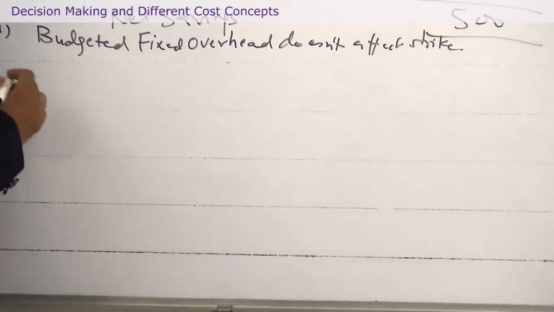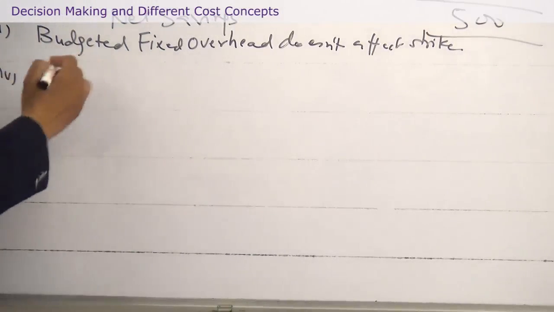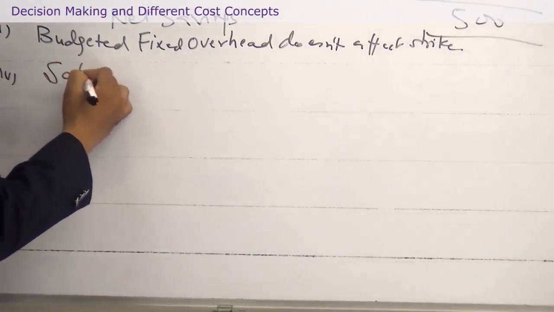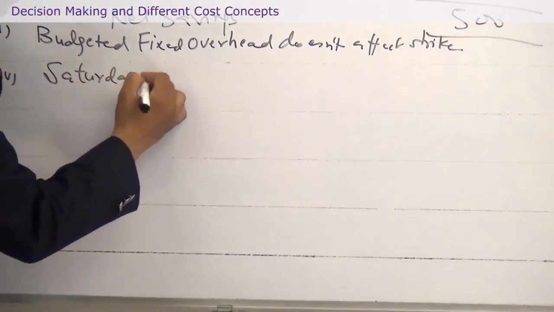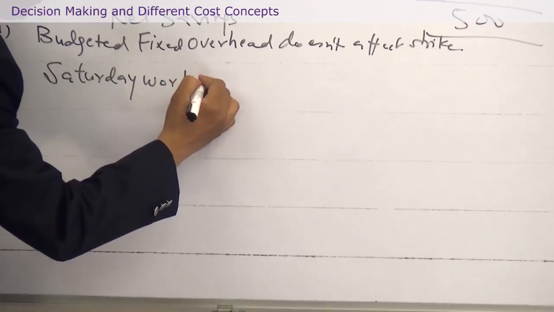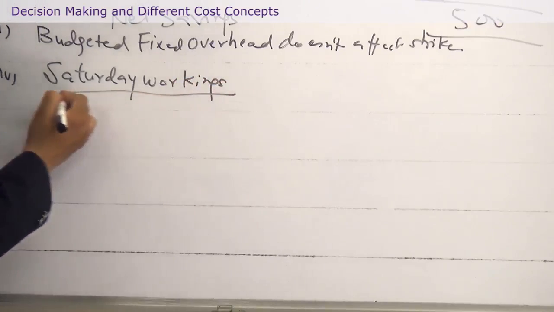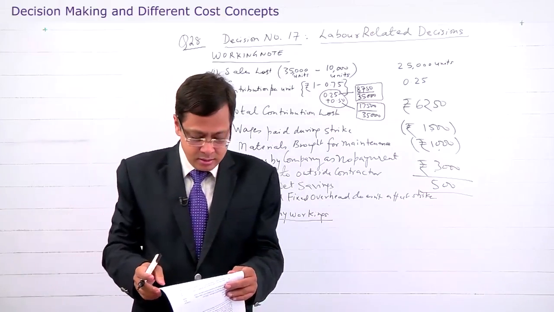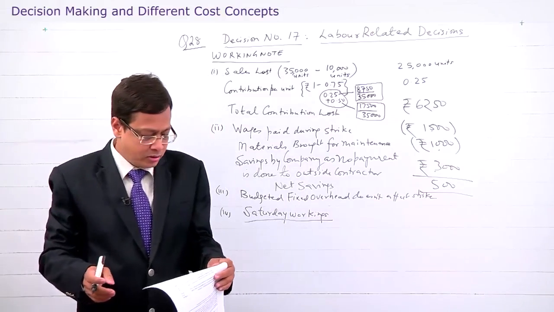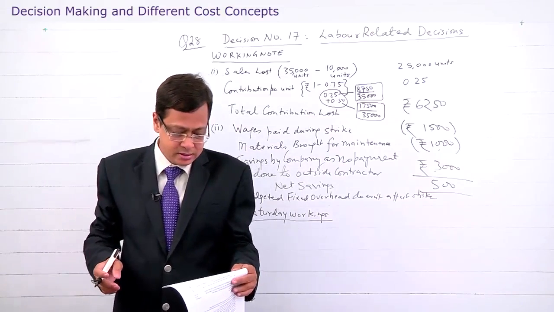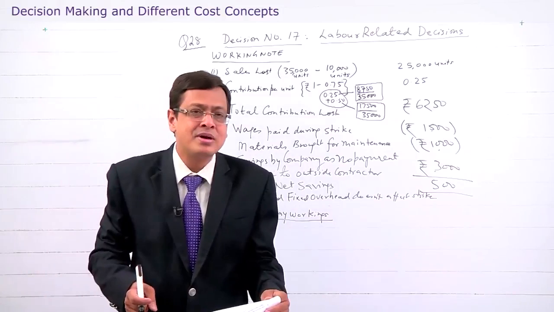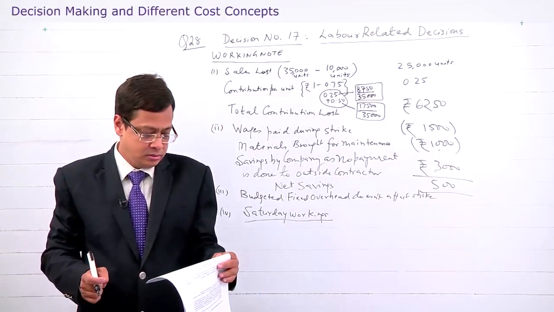The fourth point talks about Saturday working. So the question says that if 10,000 units are produced on Saturdays, there will be 25% extra labor cost.